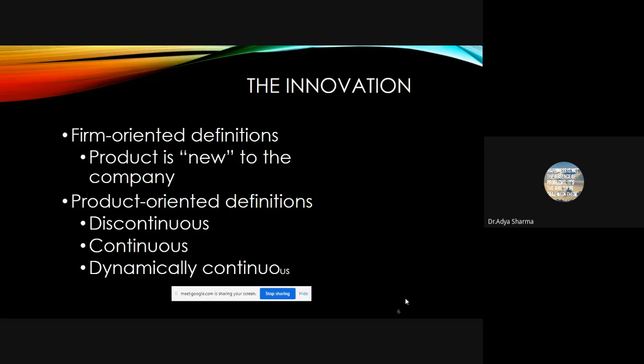Innovation can also be described from the product-oriented definition. And what do I mean by that? So a product can be a discontinuous product. Now, what is a discontinuous product? Something which no one had ever seen before. So for example, the internet. When the internet was launched, this was something which didn't exist before. If I have to explain it in some other manner, then what is discontinuous innovation?